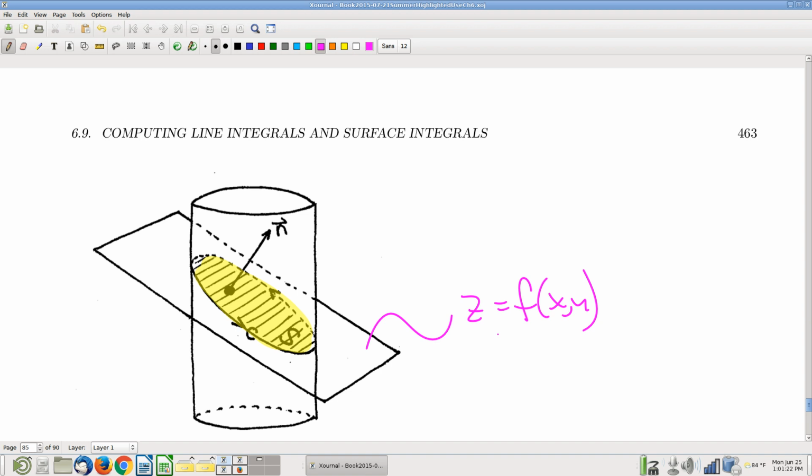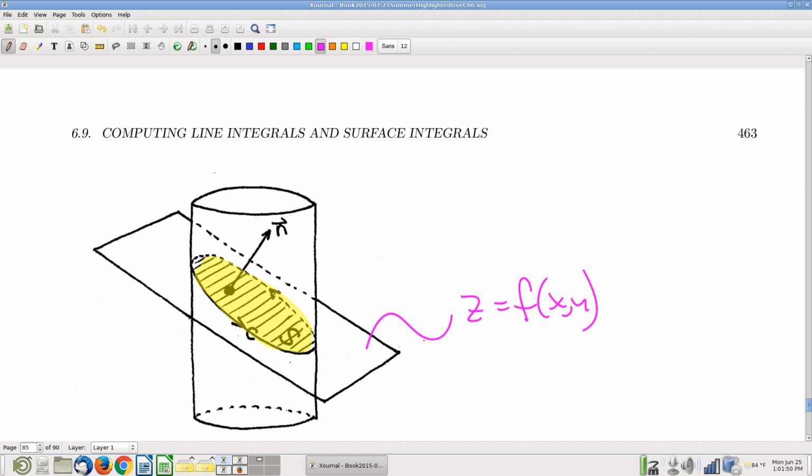Once you have a parameterization, partials, cross product, magnitude, compute the surface integral. It ends up being pretty straightforward. Given the two choices here, I think I would rather do the surface integral if it was me. But it's, I don't know, could go either way. I would encourage you on this one to work them both out and see which one you like better. Right? They're both perfectly doable.